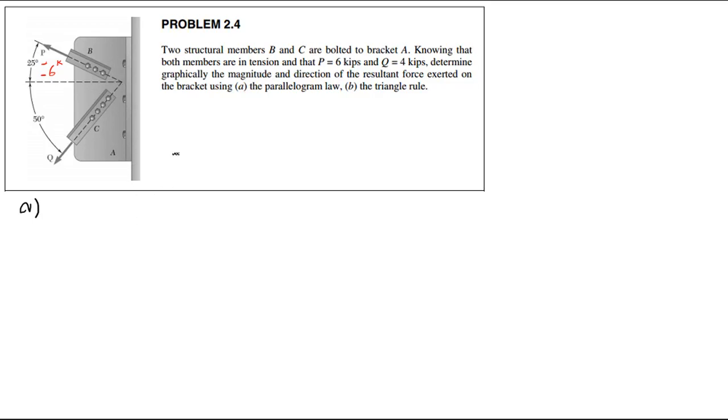So essentially we have force P here at an angle of 25 degrees, which is 6 kips. And on the same point, we have a force of 4 kips at an angle of 50 degrees.